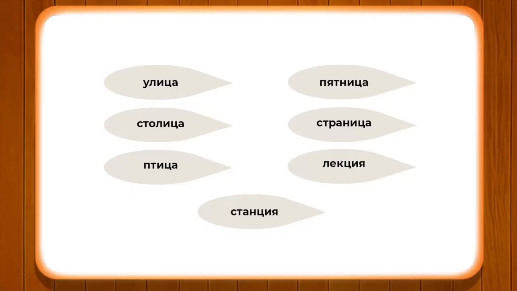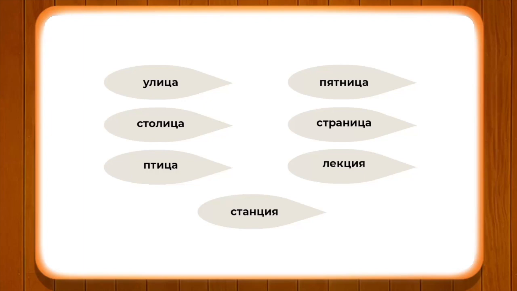Here you have seen several other words with the ending a and ya. As you already know, the noun which has ending a or ya belongs to the feminine gender. So, accordingly, ulitsa, stolitsa, pichitsa are all feminine gender words.